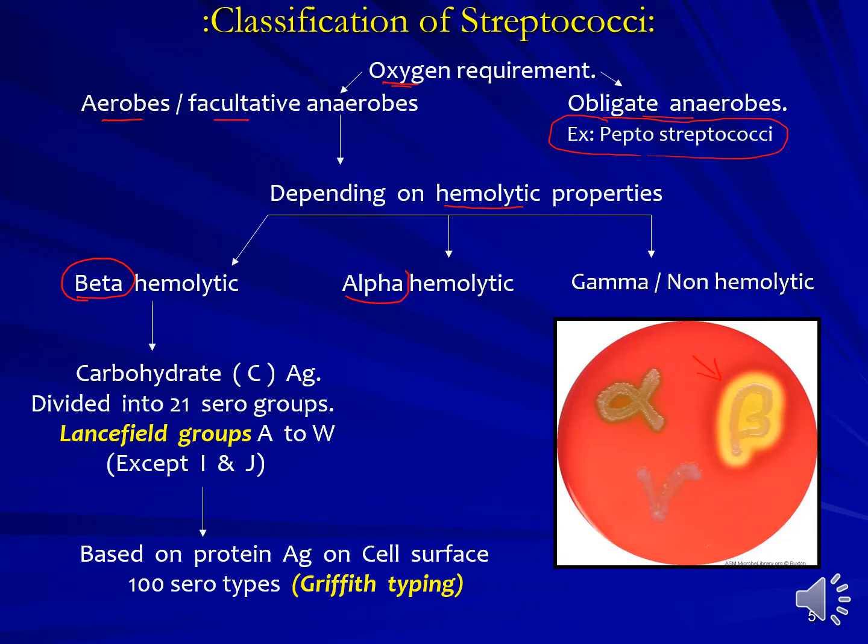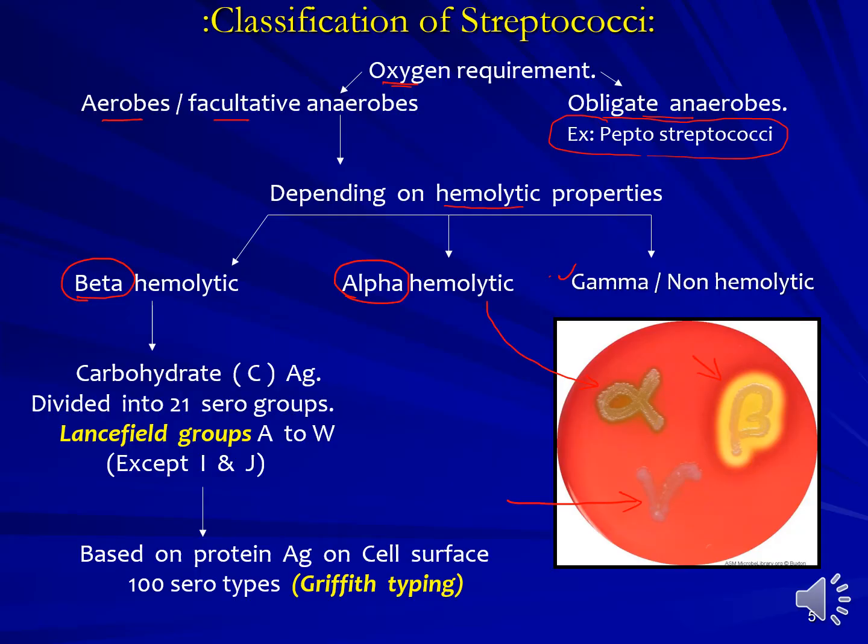Alpha hemolytic streptococci show a green-colored discoloration around the colonies on blood agar. And gamma hemolytic streptococci show no hemolytic property around the colonies growing on blood agar.